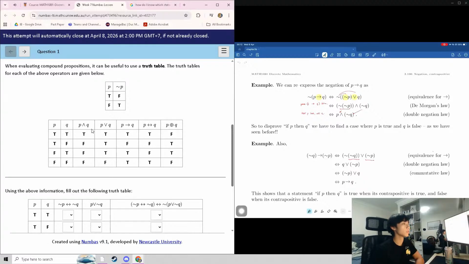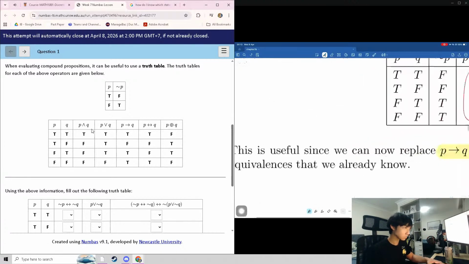Okay, let's do P implies Q. If P is true and Q is true, then P does imply Q, right? If P is true, then Q is true. If P is true and Q is false, then P doesn't imply Q, and so the statement P implies Q itself is false. If P is false and Q is true, then the statement P implies Q is actually true. Why?